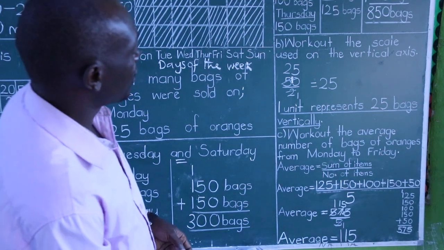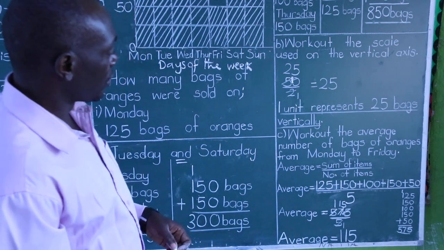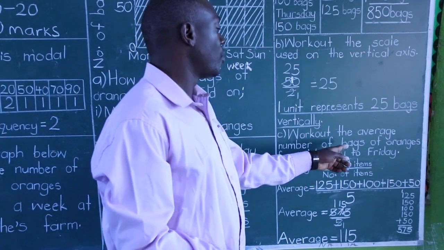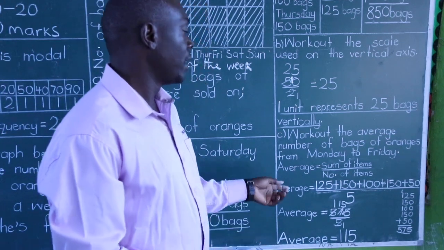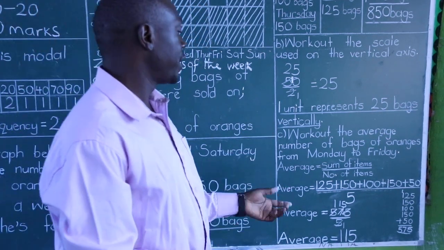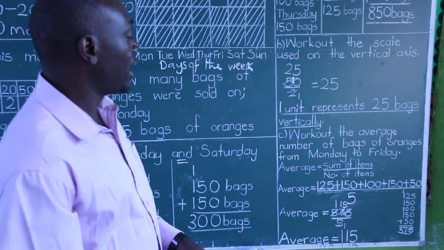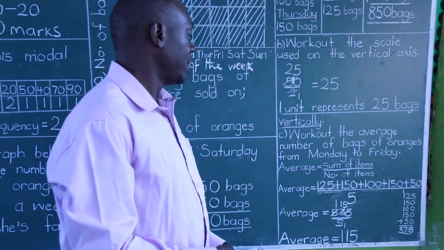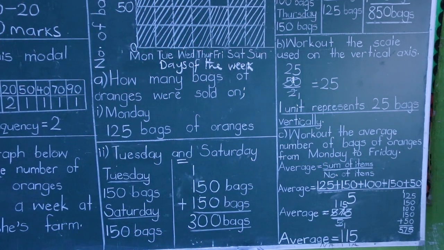Then the last example or last question for this very lesson reads, work out the average number of bags of oranges sold from Monday all the way to Friday. We say average is the same as mean, like we did before.